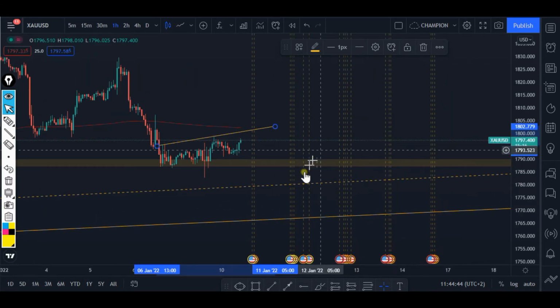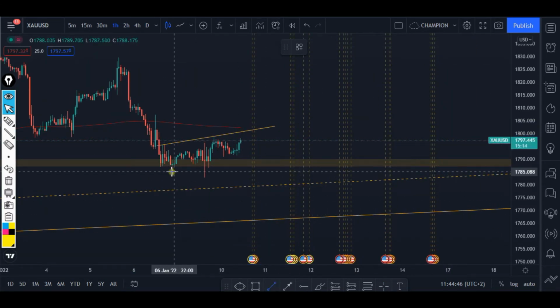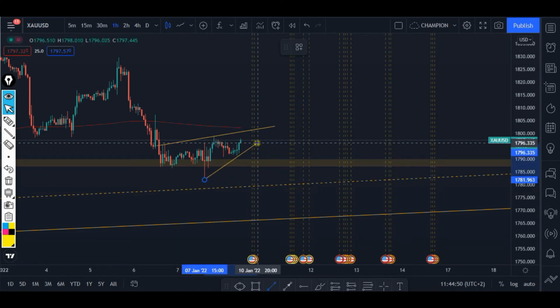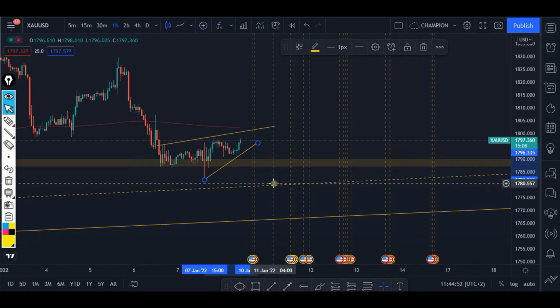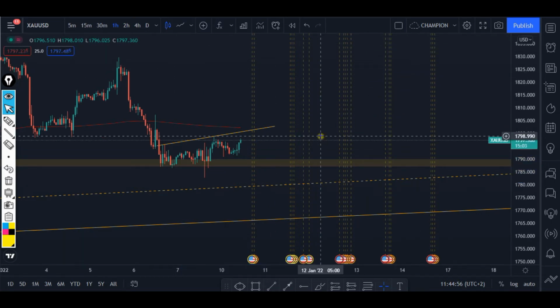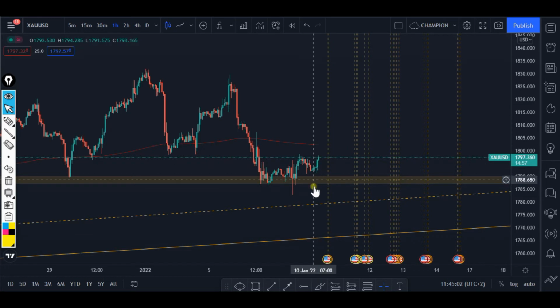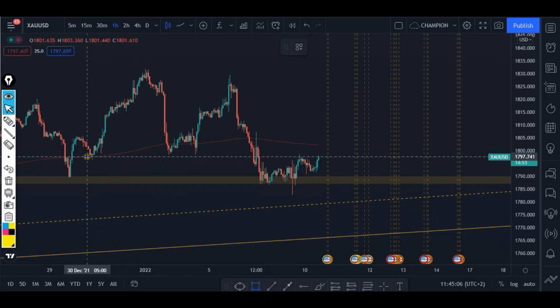This market is moving in the up direction. Can you see that? Let me remove this and look at it in this way. The market was respecting the previous area here.